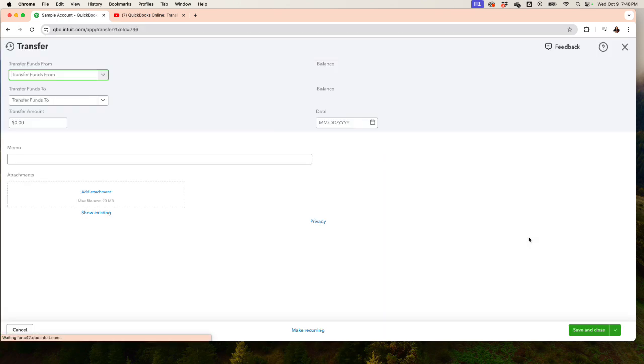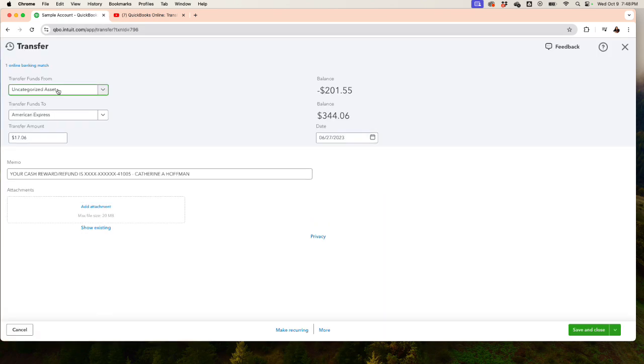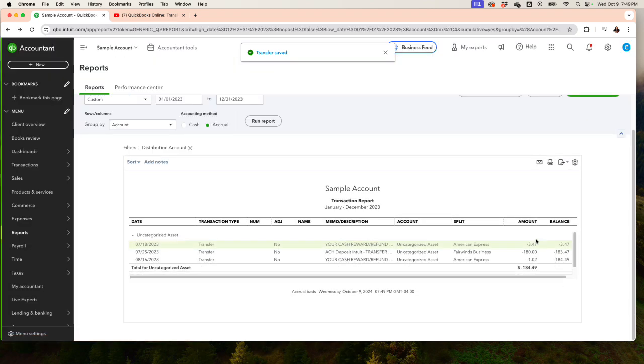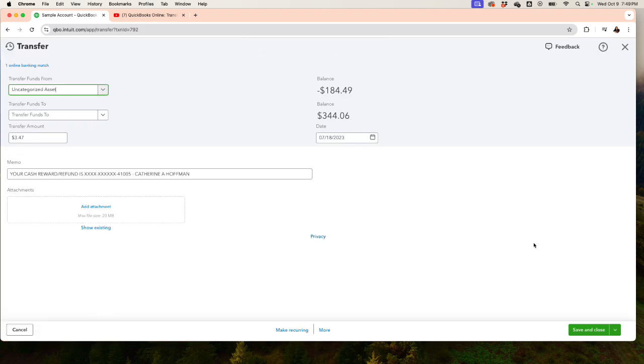And I just have a few more. This is the payment from owner's investment into the credit card. Okay. Owner's investment.